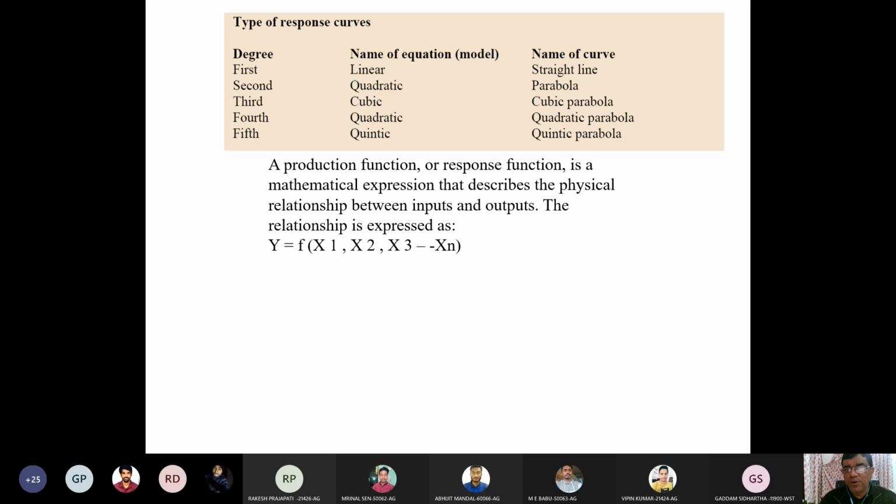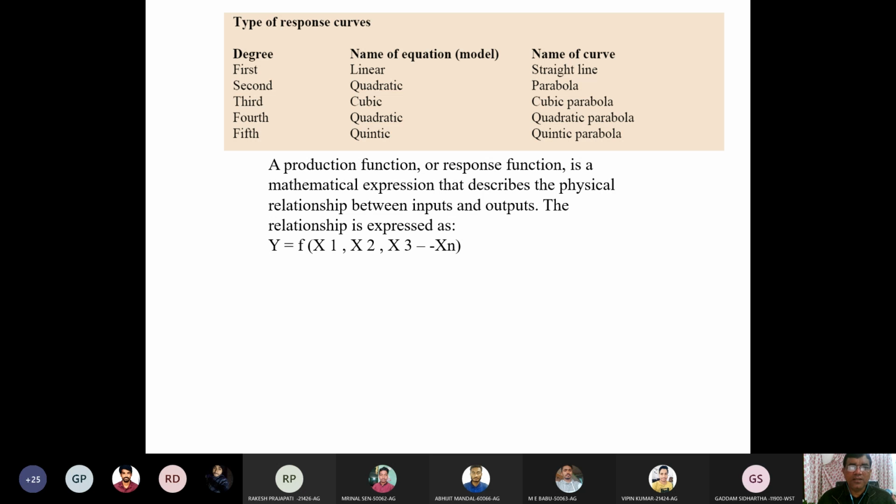So there are different models or different response curves. There may be different degrees of the variable. If it is first degree, means y is equal to a plus bx, here the power of x is 1. The degree of x is 1. Therefore, it is a linear equation, and the curve will be a linear line or a straight line.